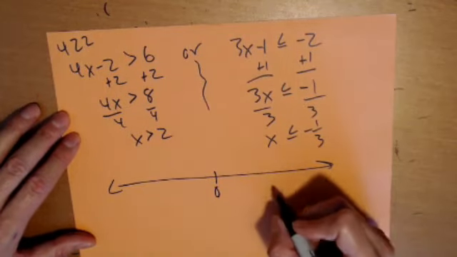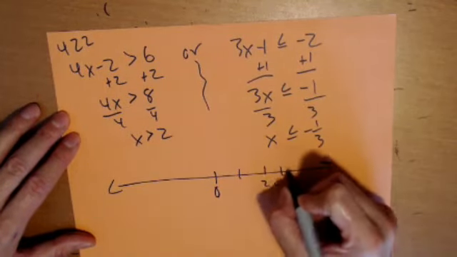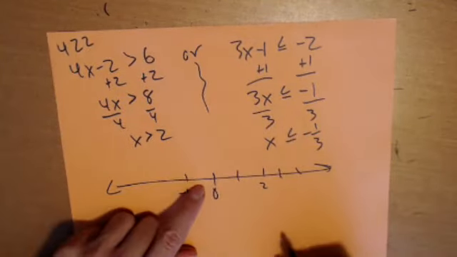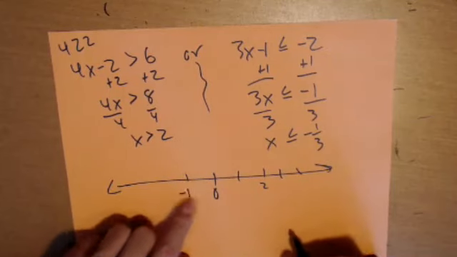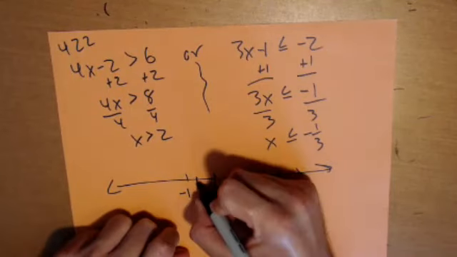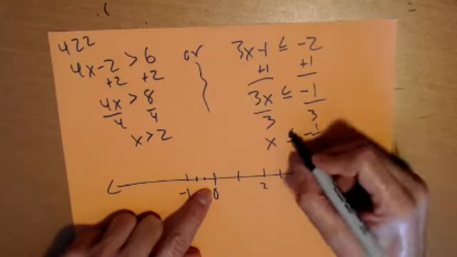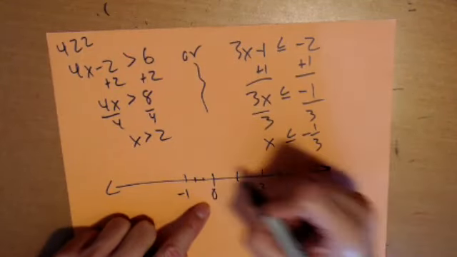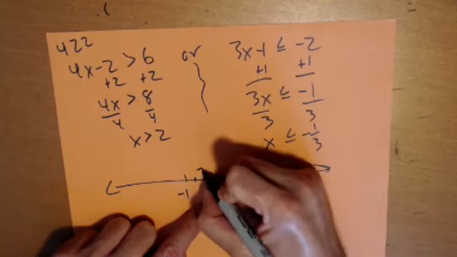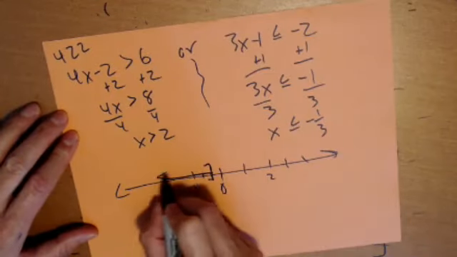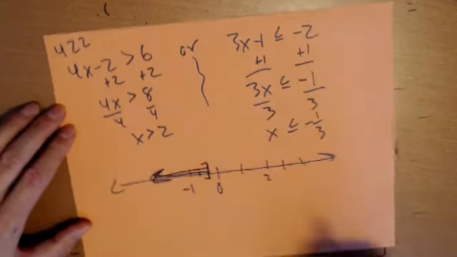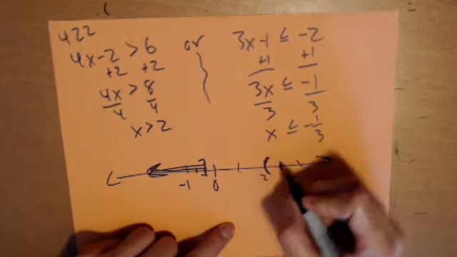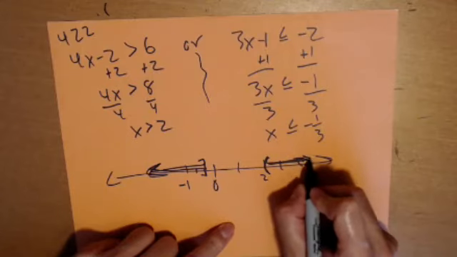So we're going to "or" these ideas. Here's 0, 1, 2, negative 1/3. Negative 1/3 is somewhere over here between 0 and negative 1, kind of closer to here. It's pointing to the left. X value is less than or equal to negative 1/3. Inclusive, so bracket, and everything shaded that way. X value is greater than 2, parenthesis, everything shaded that way.